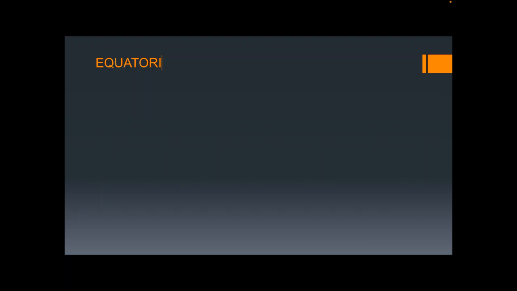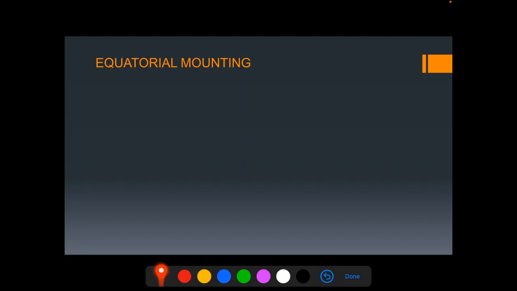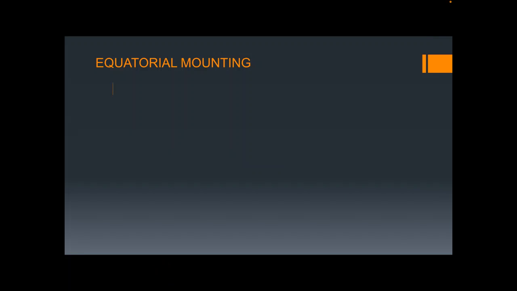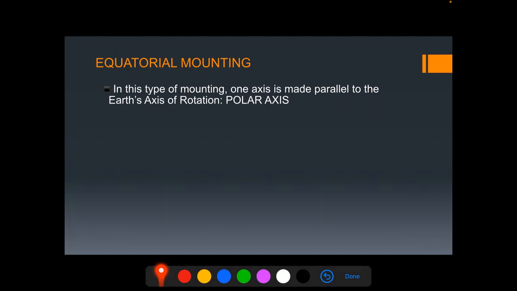The first one is equatorial mounting. Now in an equatorial mounting, one axis of the telescope is made parallel to the Earth's axis of rotation, and it is called the polar axis. What is the Earth's axis of rotation? North south.